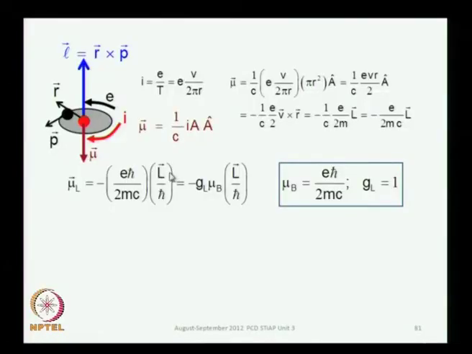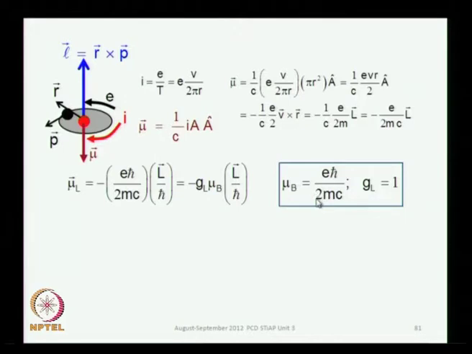So, e over twice mc times the angular momentum, I multiply and divide by h cross. So, I have an h cross in the numerator here and an h cross in the denominator here, which preserves the balance, and that allows me to factor out this term e h cross over twice mc, which is called the Bohr magneton.